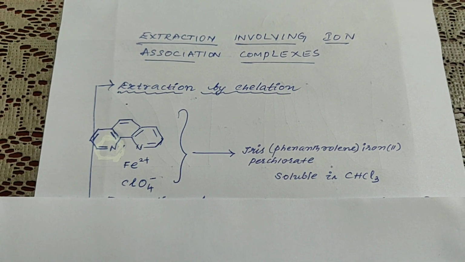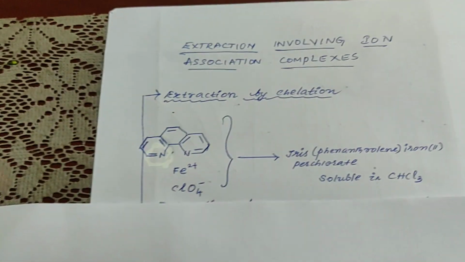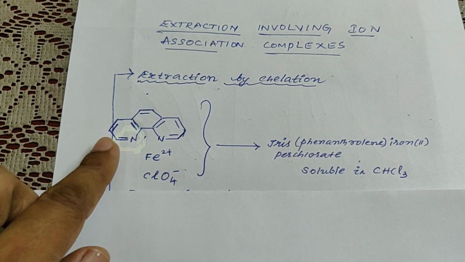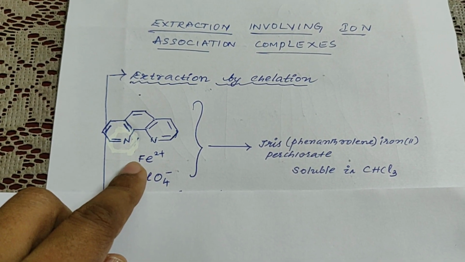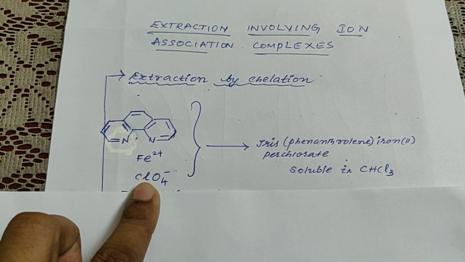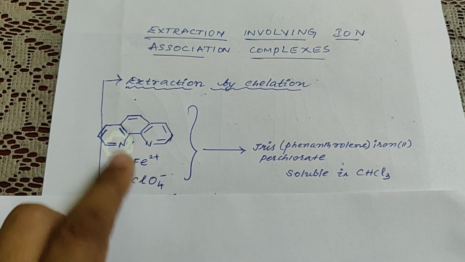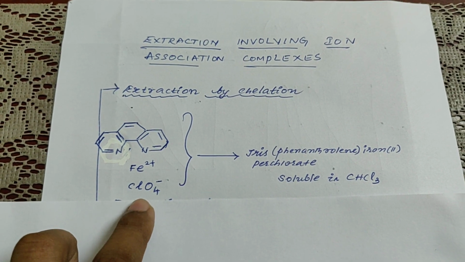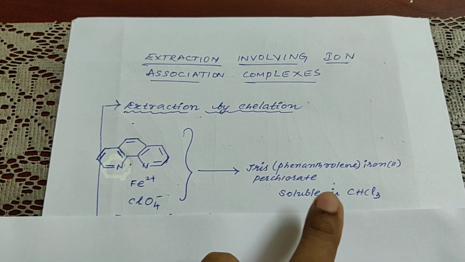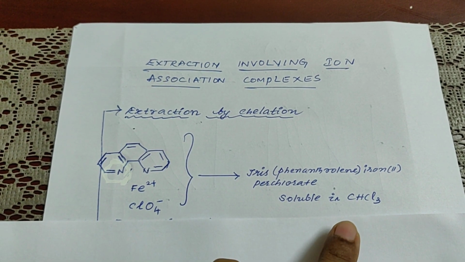You all know the structure of 1,10-phenanthroline. This is 1,10-phenanthroline. If we want to isolate Fe in the 2+ state, we have to add perchlorate ion. When these three are mixed, we get the complex tris-phenanthroline iron(II) diperchlorate.